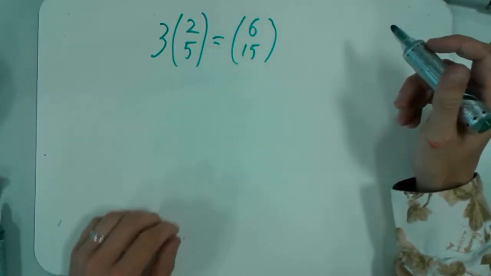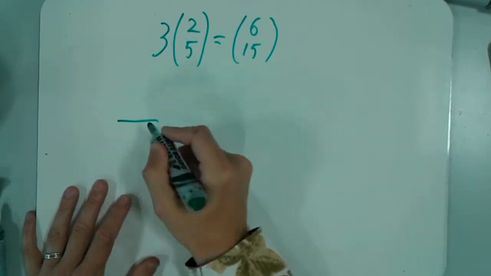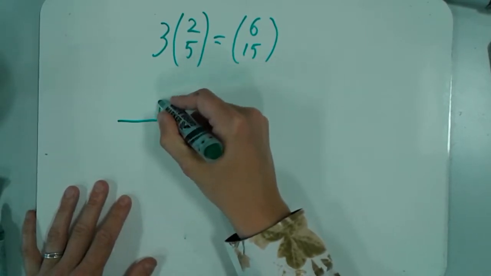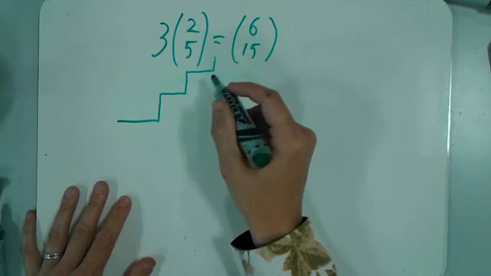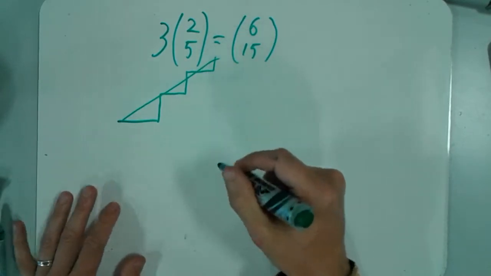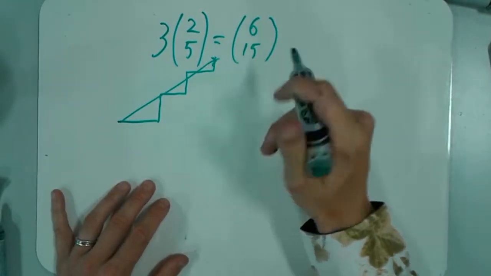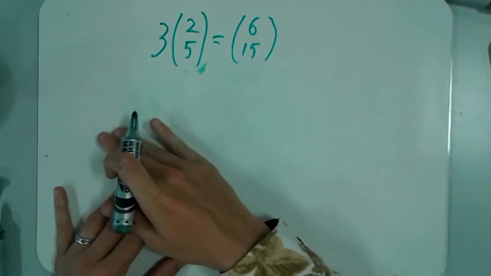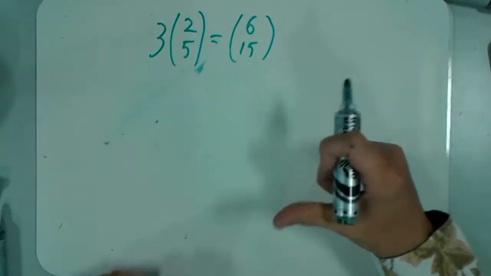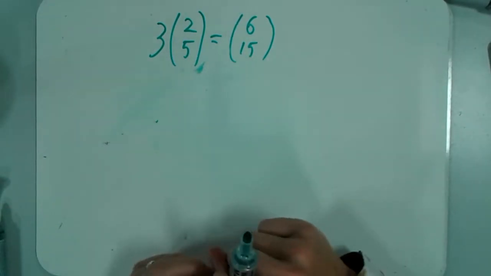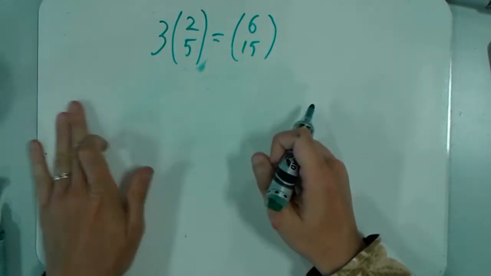We're saying we've got 3 lots of this vector, so if I've gone 2 across, 5 up, 2 across, 5 up, 2 across, 5 up, I've done exactly the same thing 3 times. I'm just going to end up with 6 across, 15 up.